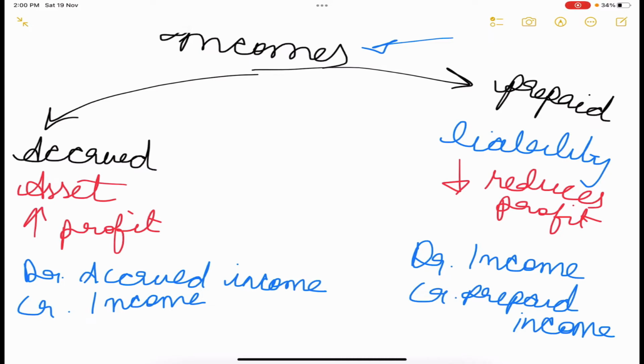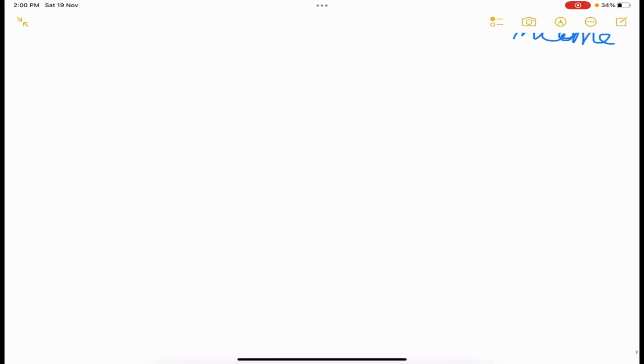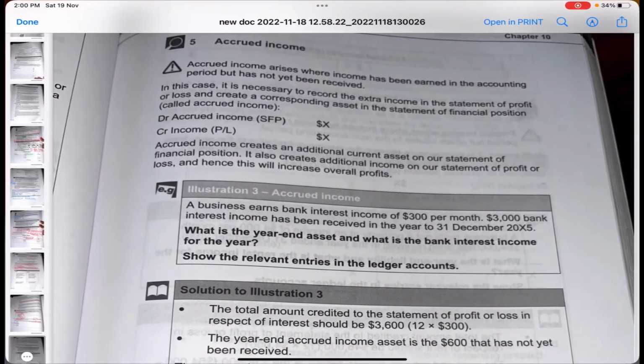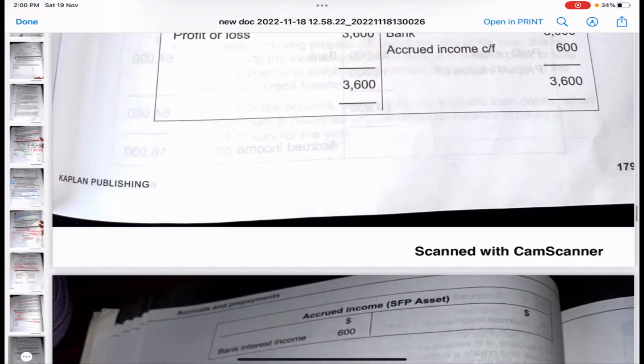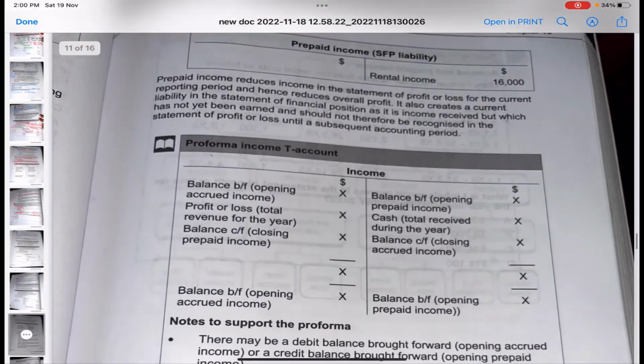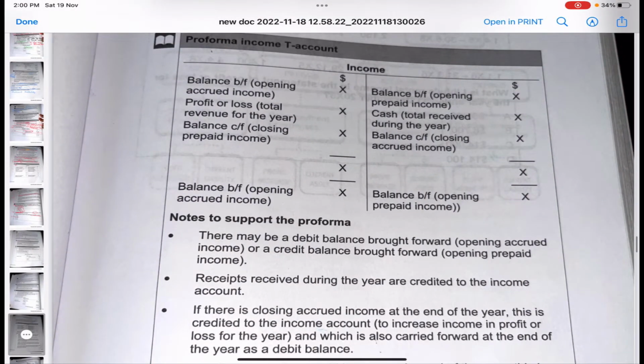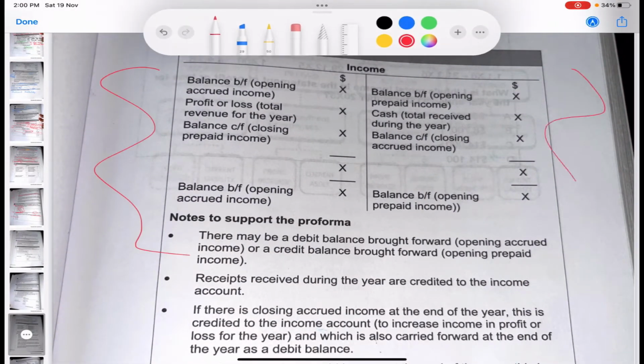No. Accrued income is my asset because it means that I have given the services but I haven't received the money yet. Got it? Now that's what is income. There's nothing new in this. This is just the opposite of expenditure, and we have an income account. So the income account will also be the opposite of the expenditure account. Let's quickly go about that also.